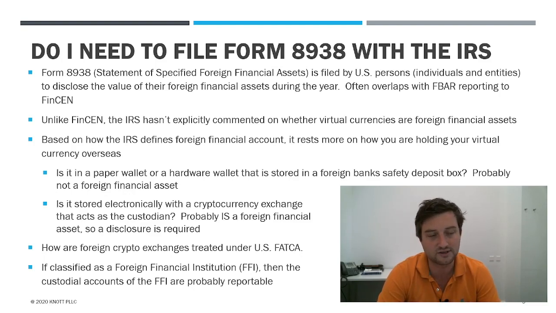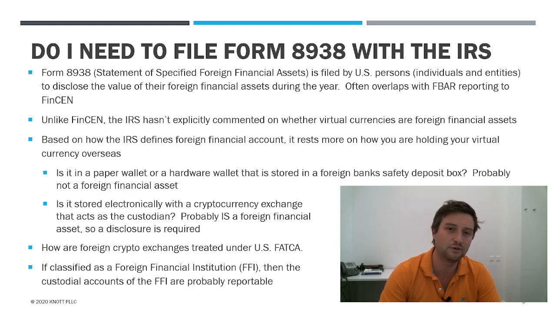FinCEN's perhaps more concerned with things like money laundering, terrorist financing, other kinds of illicit businesses where you're transferring funds around the world, right? With the IRS, they certainly care about those issues, but they're more concerned with just tax evasion, right?